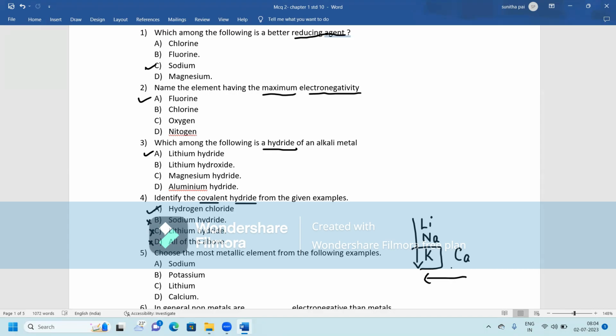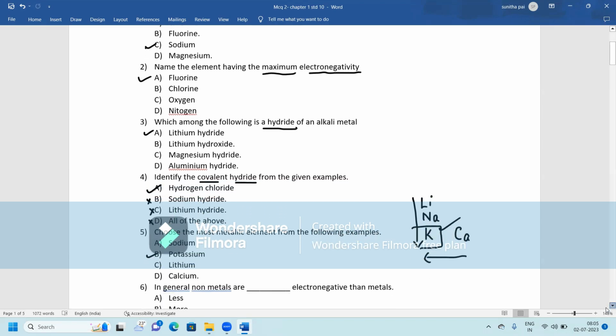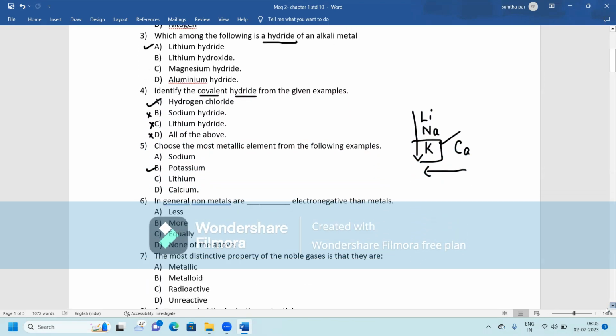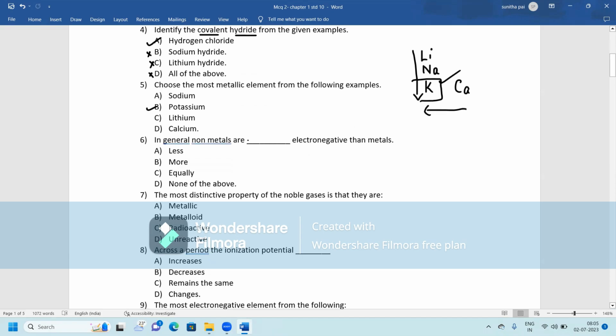Increase in metallic character is right to left, which means potassium is the most metallic element here. In general, non-metals are dash electronegative than metals. Non-metals are more electronegative. So that was a straight question, more electronegative.